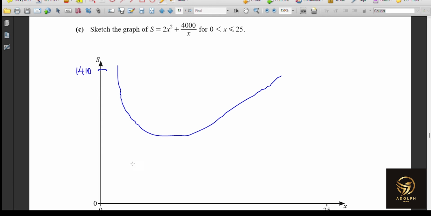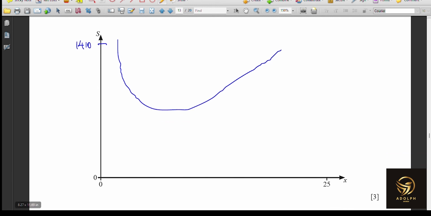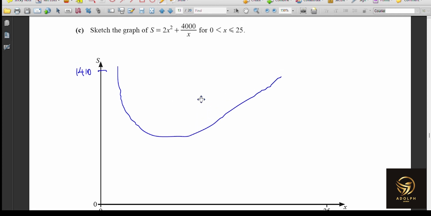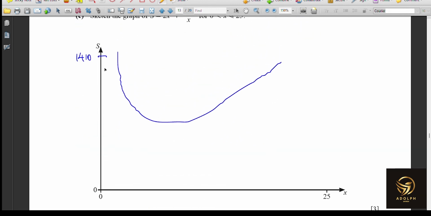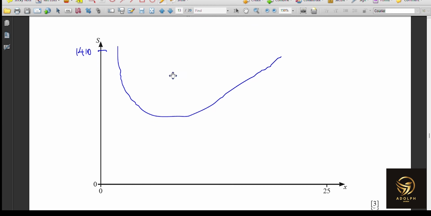It's important to mention, because for x they have mentioned the range, for y they have only given the starting value, the final value they did not give, but we have to give it, because when x is reaching 25, it's reaching the value of 1410. That's the thing we got in the previous step. That 1410 you can use for the Y window maximum value of your GDC too.